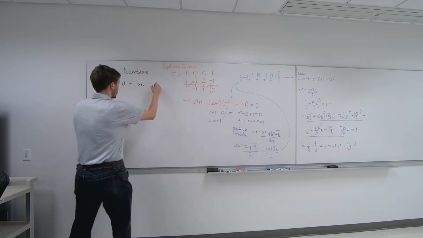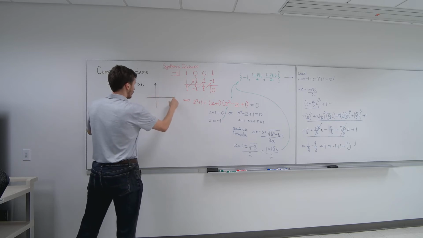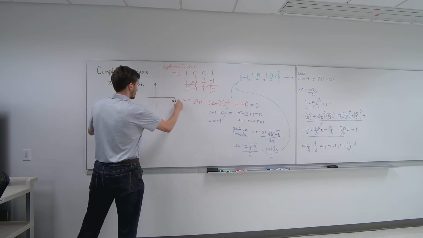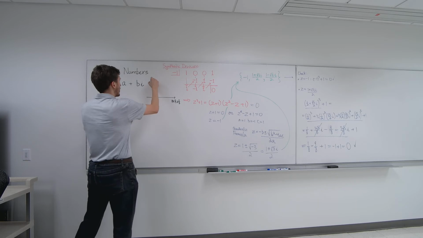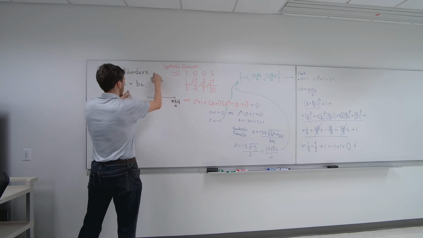In fact, look, if you consider a complex number, there's a real, this is a complex number plane, and this is the imaginary part of the complex number. In other words, that's the a, right, and that's the b.